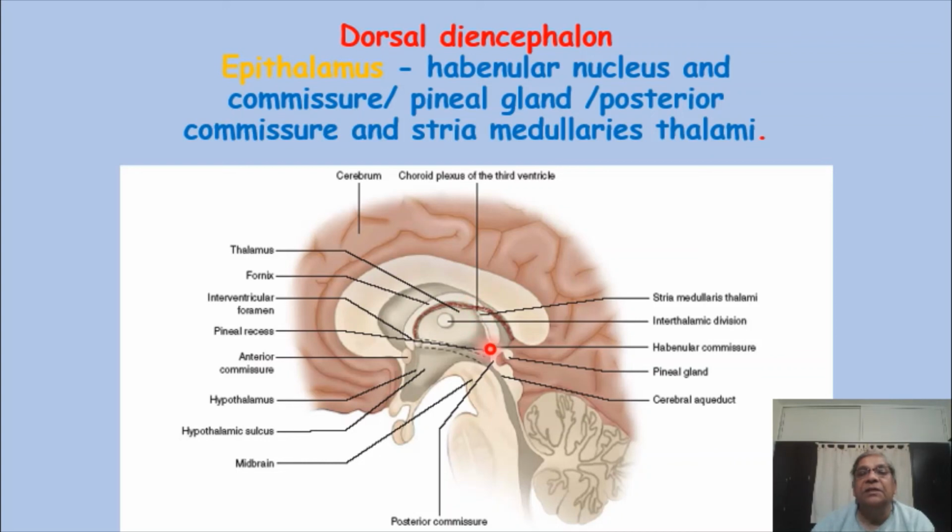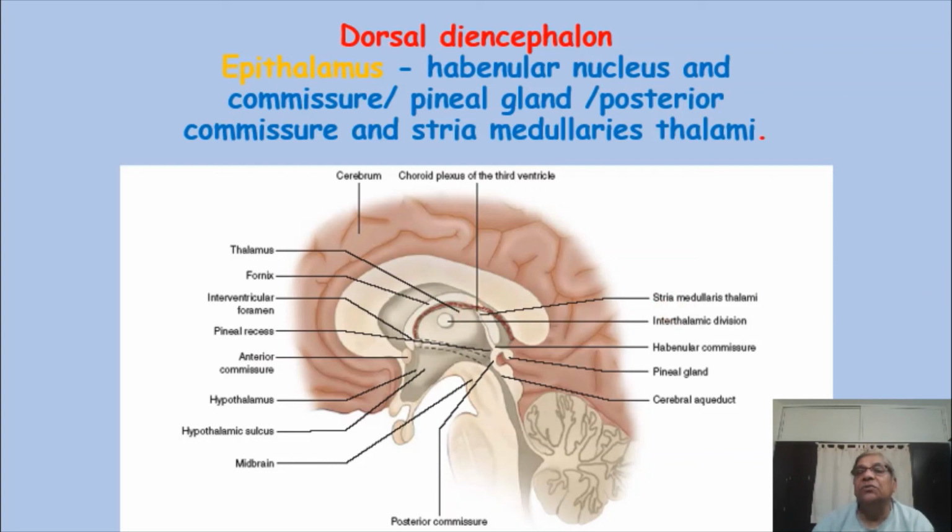See, this is called the stria medullaris thalami. So these are all the parts of the epithalamus: habenular nucleus and its commissure, pineal gland, posterior commissure, and stria medullaris thalami. So these are the three components of the dorsal diencephalon, that is the thalamus, metathalamus, and epithalamus.